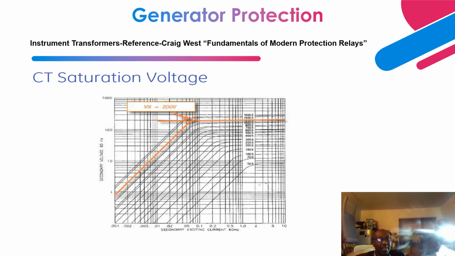This is what they call the knee point voltage. Beyond this is full saturation, and you don't want to operate in this region. We always want to operate in this linear region. There are many ways depending on the type of core, whether it's a gap core or non-gap core. There's something they call the tangent that tells you the type of tangent you're supposed to use, either a 30 degree angle tangent or a 45 degree tangent.